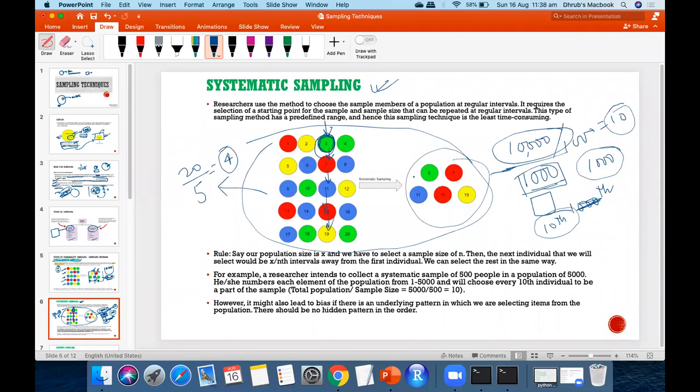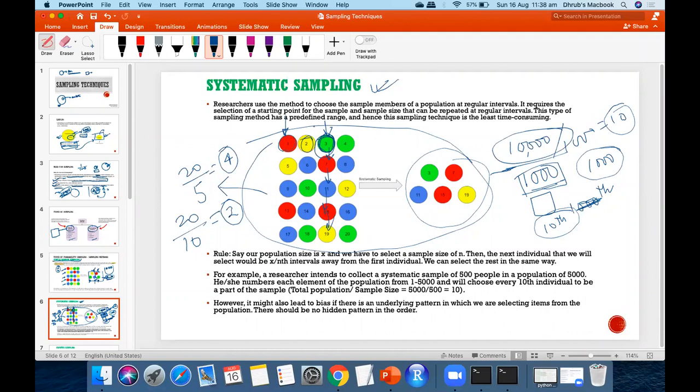Now you will say that here also the bias is involved. Yes, the bias is involved. For example, if I say out of 20 you have to select, let's say, 10, then every second point you have to select, and somehow your population is distributed in a way that, for example, the first one is male, the second one is female.